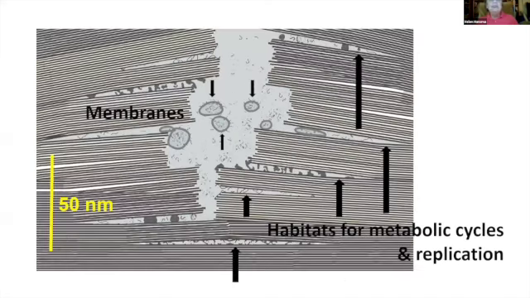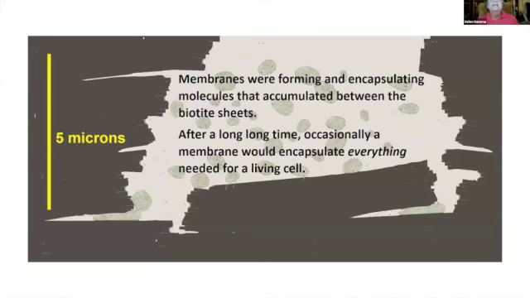Okay, and here are lots of little arrows at possible habitats for metabolism and replication with different sorts of molecules, molecular aggregates, vesicles. Well, and then the vesicles, as it says, are membranes. So here on a larger scale, 5 microns, what's that?